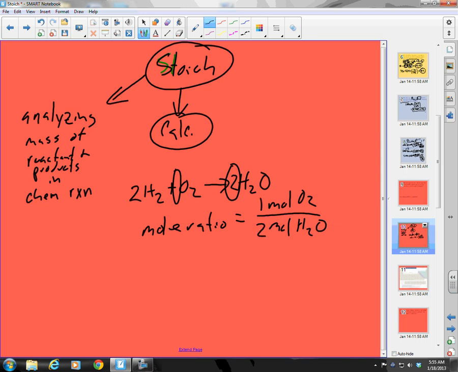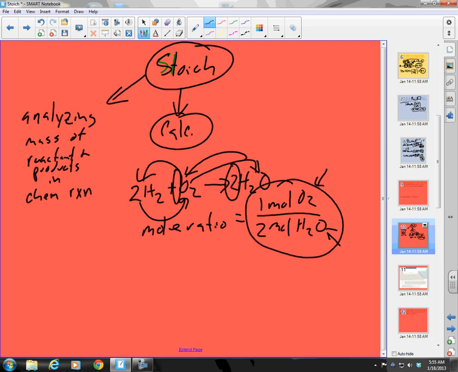So that in this reaction, I would have 1 mole of oxygen for every 2 moles of water. Now, once we set this up, we can start off with a given of any kind and go either from water to oxygen or oxygen to hydrogen or oxygen to water, right? We can go everywhere within this equation just using a variety of mole ratios, right?